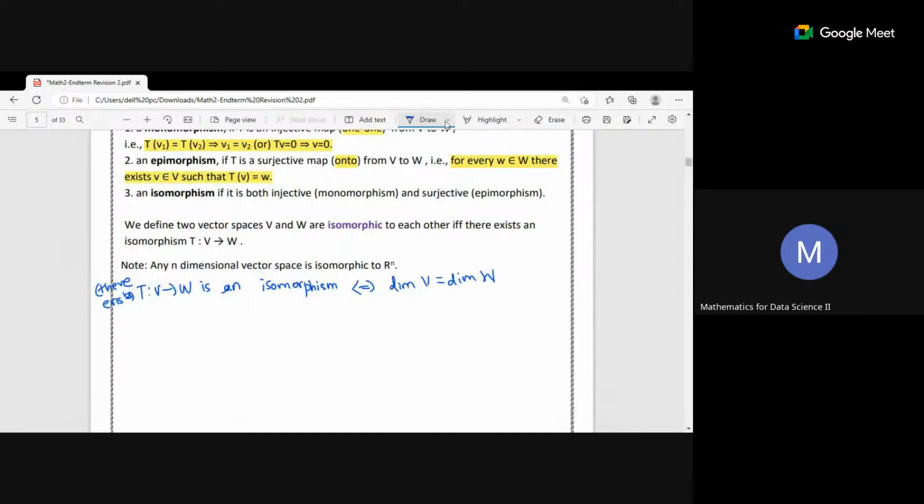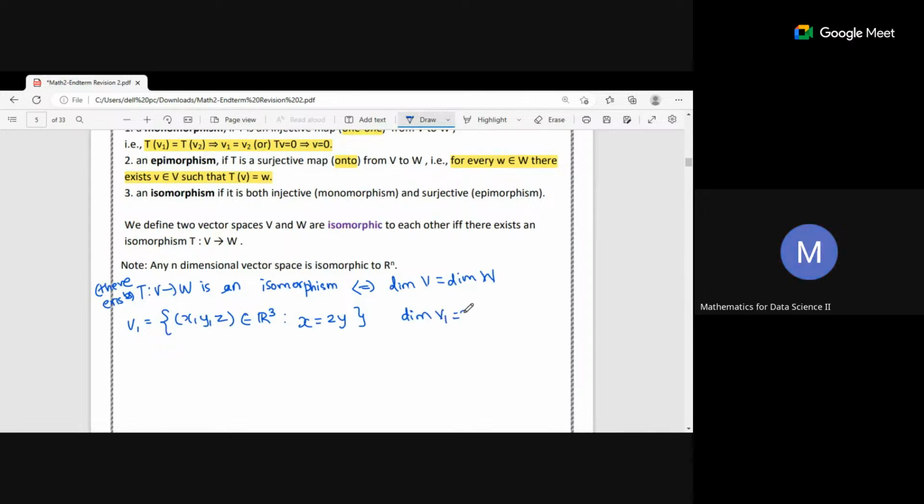Now let me give you some example. Let us say V1 is equal to this. What is the dimension of V1? Can you say? 2.